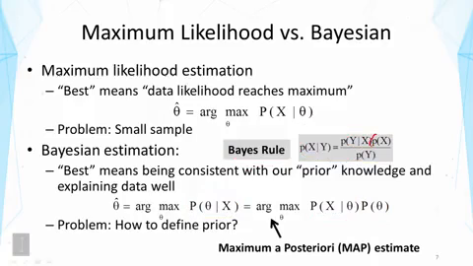We can assume that P of x encodes our prior belief about x. That means before we observe any other data, that's our belief about x, what we believe some x values have a higher probability than others. And this probability of x given y is a conditional probability.